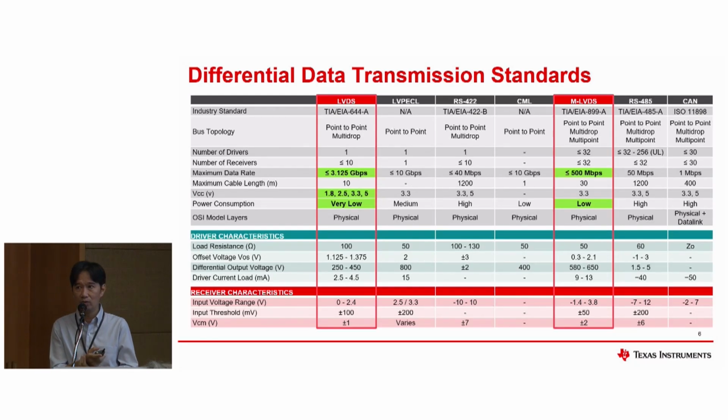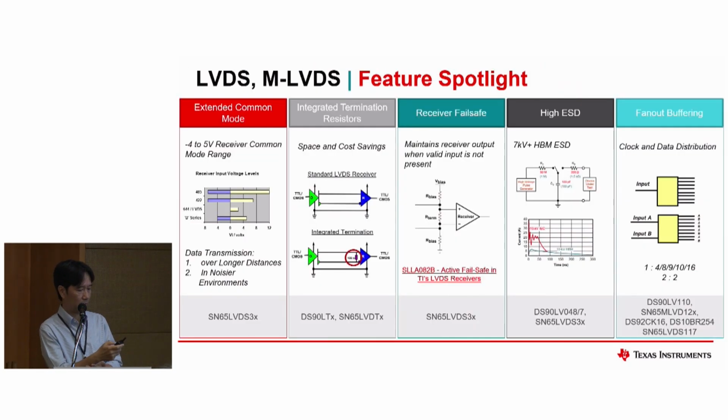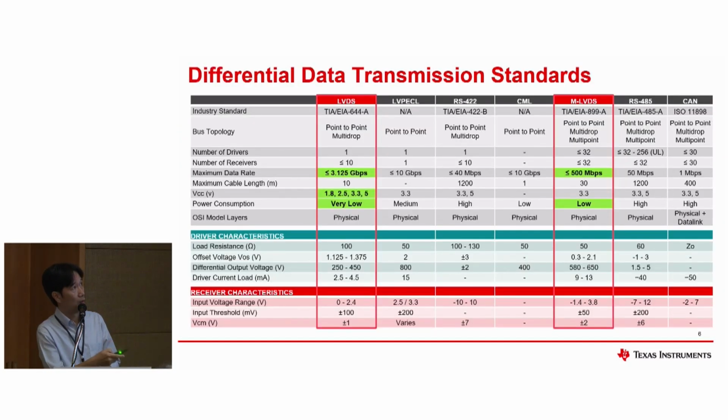Maybe some of you might ask, what is the difference between multi-drop and multi-point? I would like to take this chance to talk about this a bit. In a multi-drop configuration, there is only one transmitter, and there may be more than one receiver.